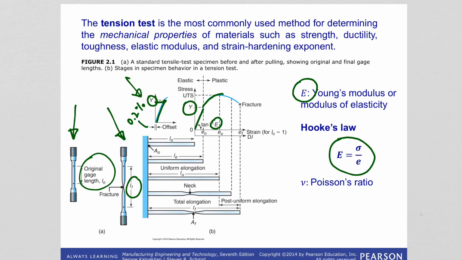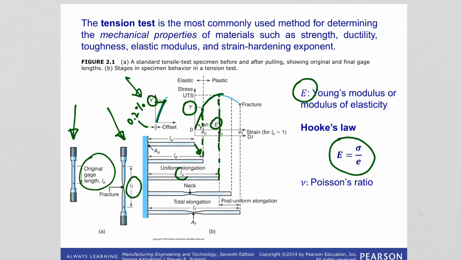You can see throughout the experiment how the specimen looks. This is once we reach the elastic region. At the end of the elastic region, we reach the yield strength, and then the ultimate tensile strength.